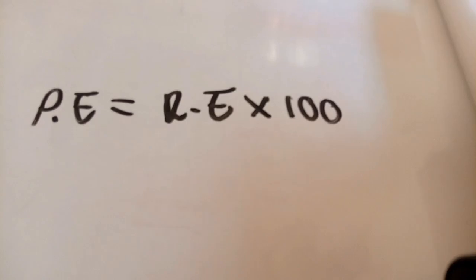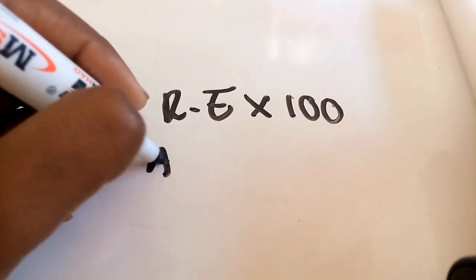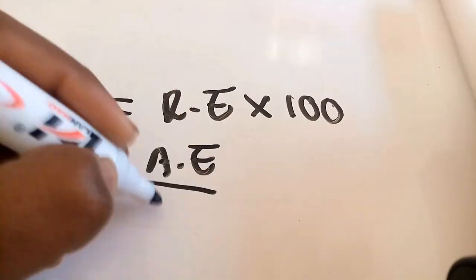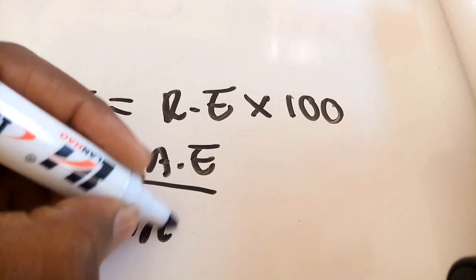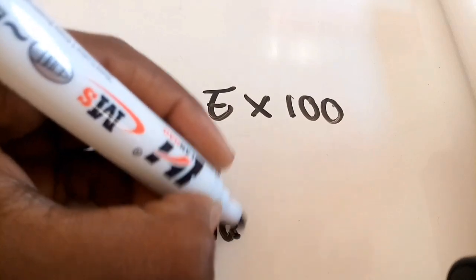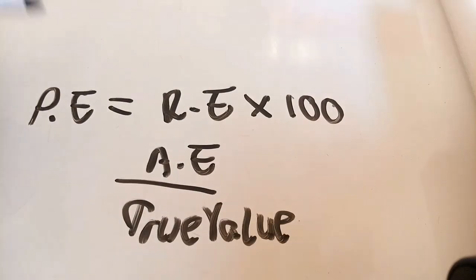Now we go to the percentage error. Percentage error is just equal to the relative error times 100. We know relative error is absolute error over the true value, so absolute error over the true value times 100.